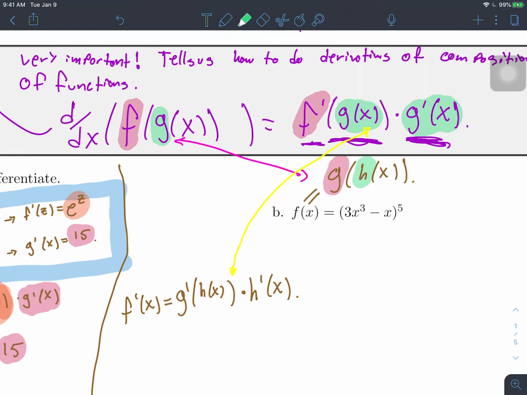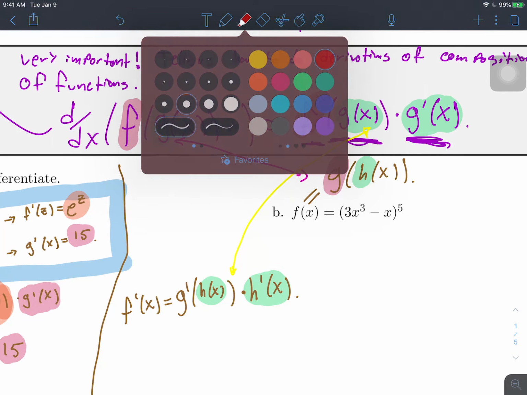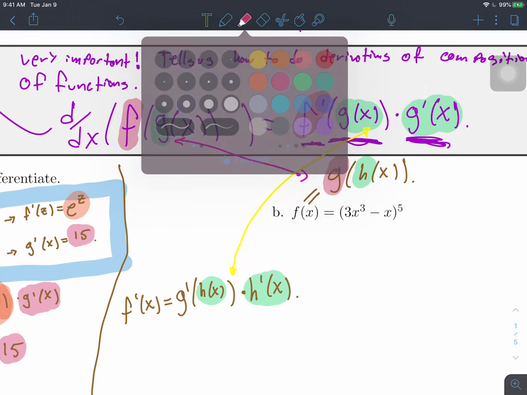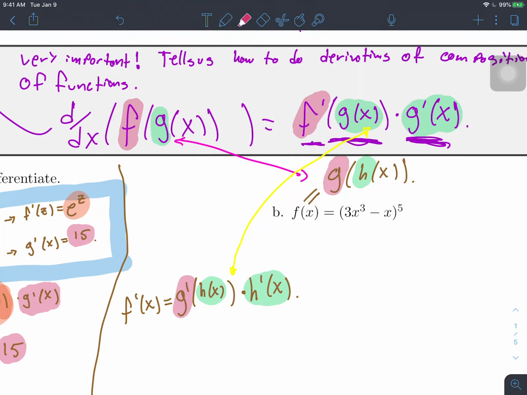So if we were to color code this part, well, the inside function is h. So the green parts are going to be those guys, and then the red part is going to be, I don't think that's right red, this guy, the g, okay? So that's what's changed here, is we're using different letters, okay? But the chain rule doesn't care about letters.